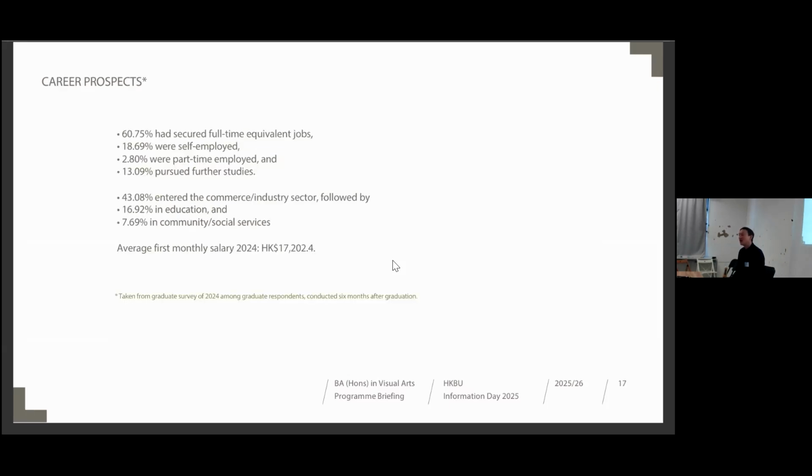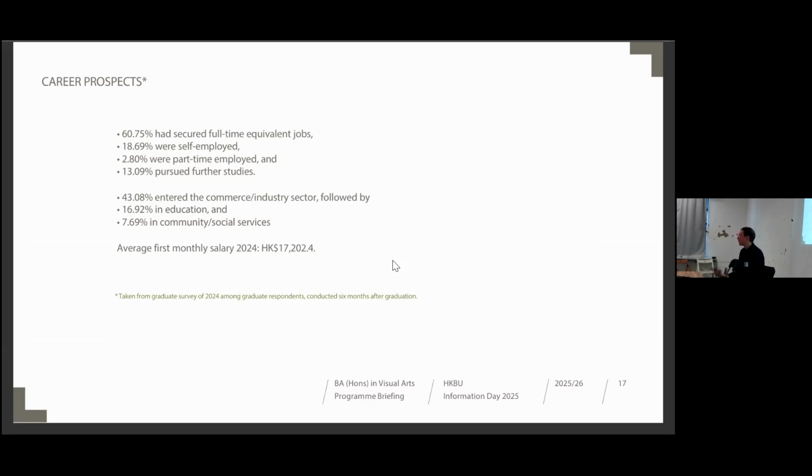In terms of career prospects, this is from our latest surveys, just a general overview, but it captures general tendencies. From the last cohort of graduates, 60.75% had secured full-time equivalent jobs, 18% self-employed, 2.8% self-employed or part-time employed, 13.9% pursued further studies.